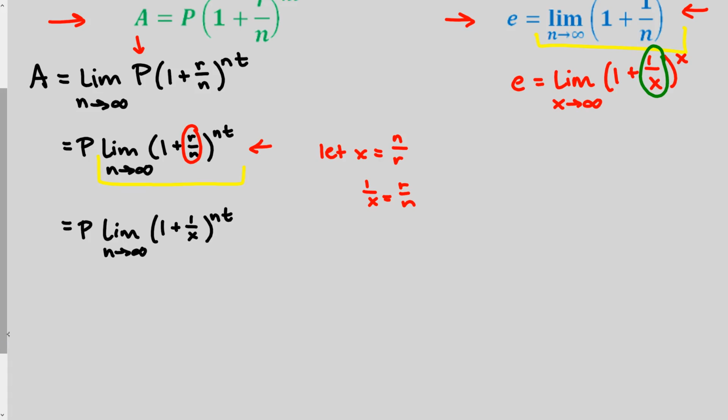So now I need to get rid of the n that's in my exponent. So according to this statement, n would be equal to r times x. So let me go ahead and replace n with r times x.